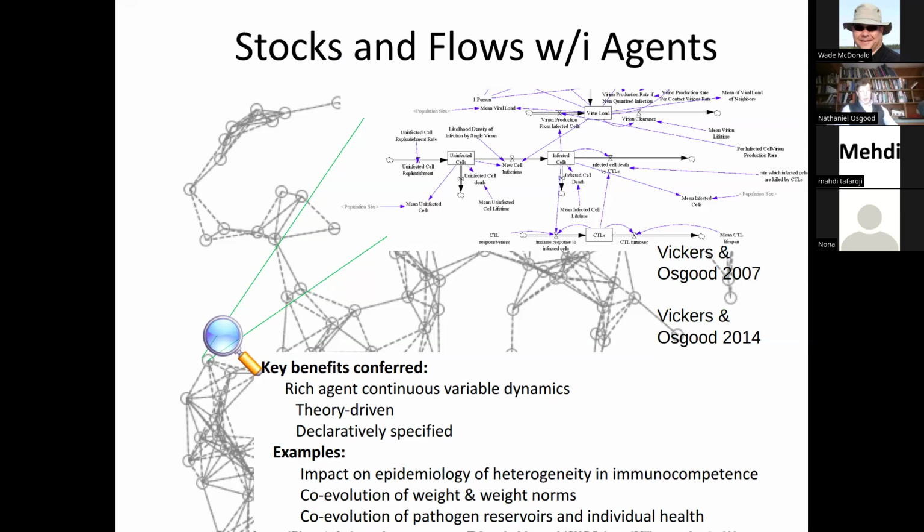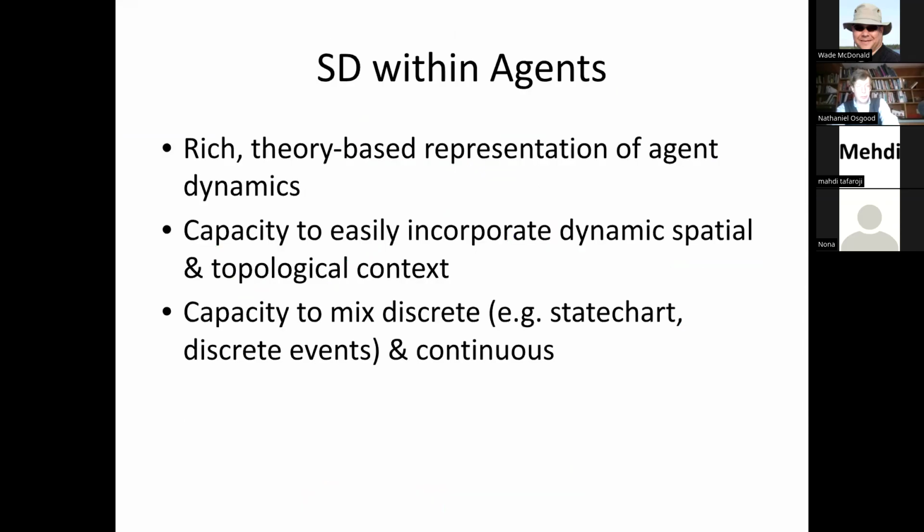Well, this particular example concentrated on communicable disease, you may well recognize that we could use it just as well to look at things like coevolution of weight and weight norms, or coevolution of people's level of substance dependence, and perhaps yes, a level of physical dependency on certain substances, as it interacts with their co-use patterns with others in the population.